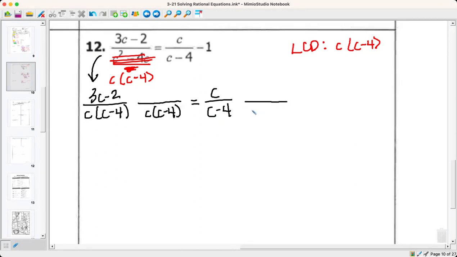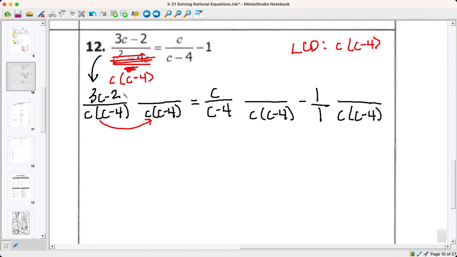Save some space because I need to change it to its new denominator. And minus 1, we have our new denominator of c times c minus 4. To make this look nice like a fraction, remember there's always an understood 1 underneath here, so we can write that down.